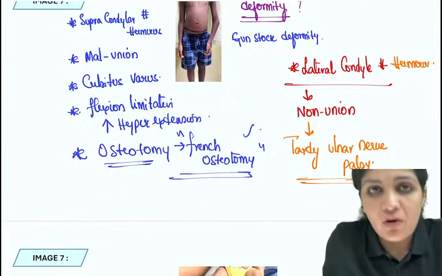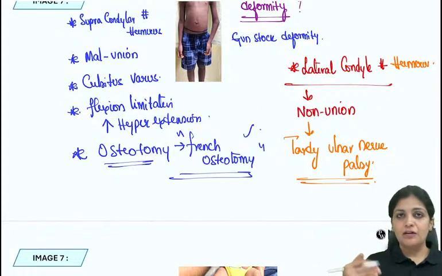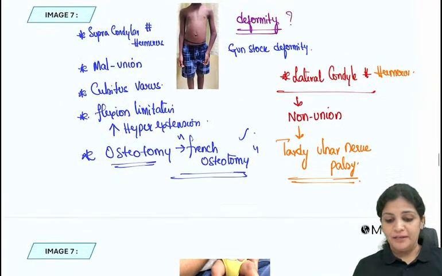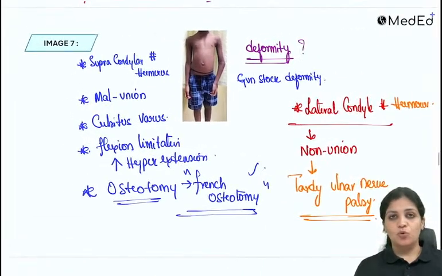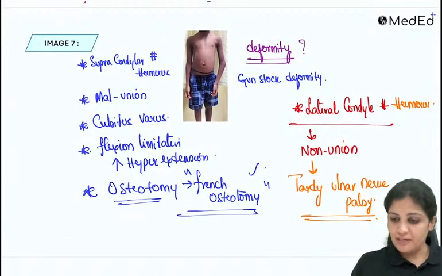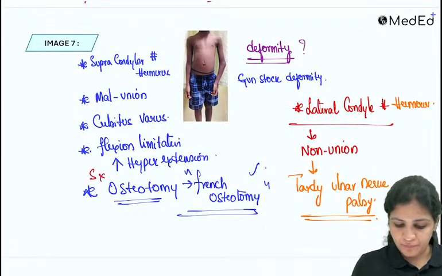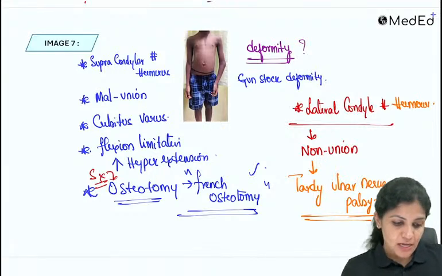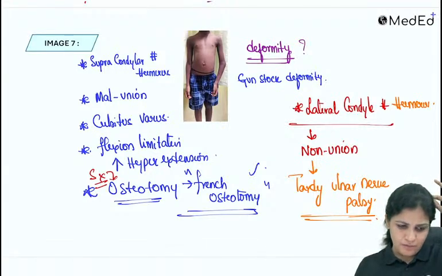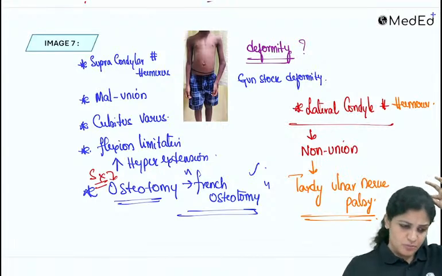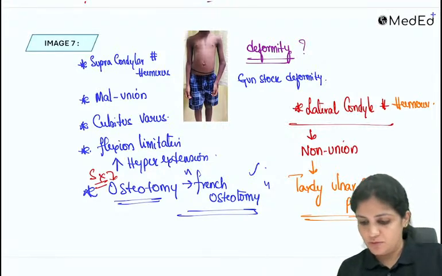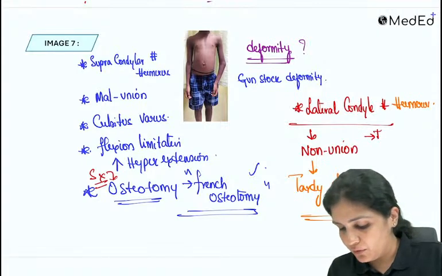One is supracondylar fracture humerus, where malunion results in cubitus varus, and there will be limitation of flexion, and hence you go for surgical treatment. That is your osteotomy, the name given to it is the French osteotomy. Three-point bone is disrupted in lateral condyle. Yes, very good. There is a three-point bony disruption.